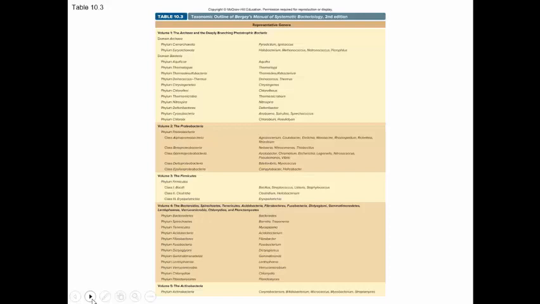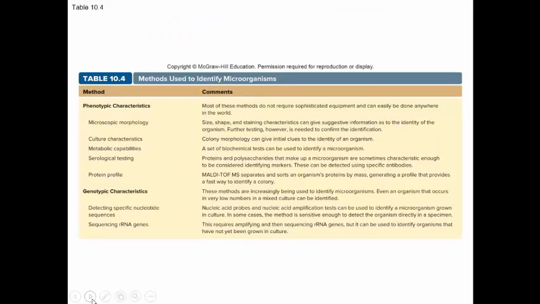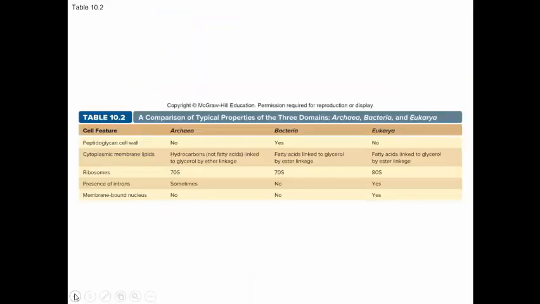Now, when we get to nomenclature, we get to naming rules. This is set by the International Code for Nomenclature of Bacteria, and the rules are pretty straightforward, actually.